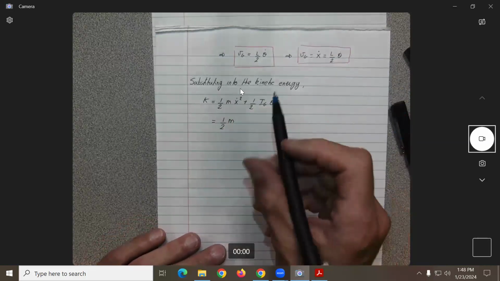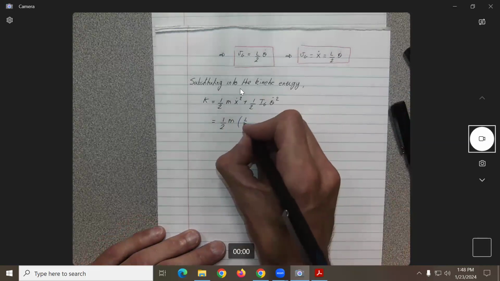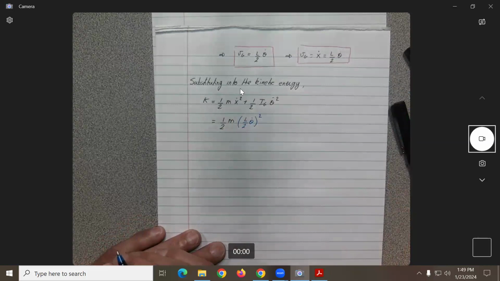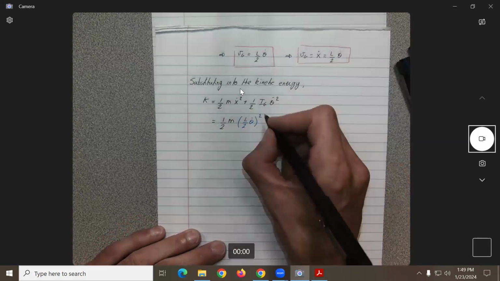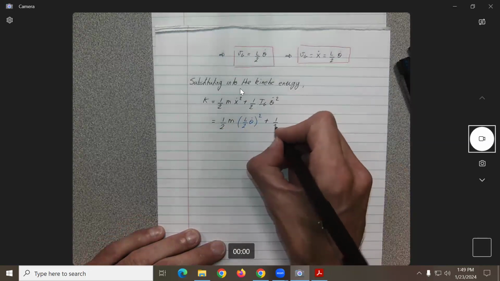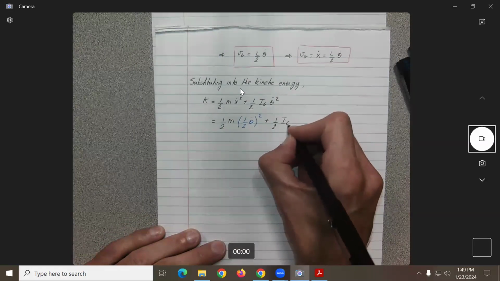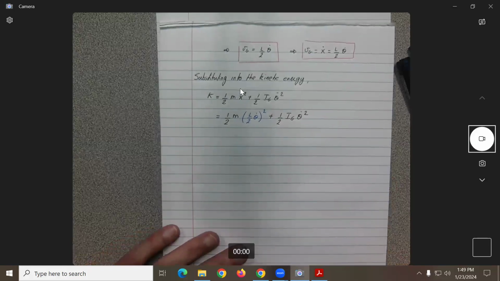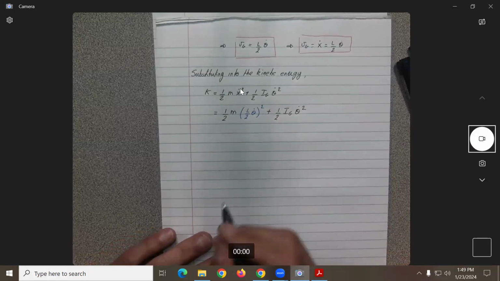What is x dot? L over 2 theta dot, squared, plus 1/2 I sub g theta dot squared. Now you're going to see the beauty of this.